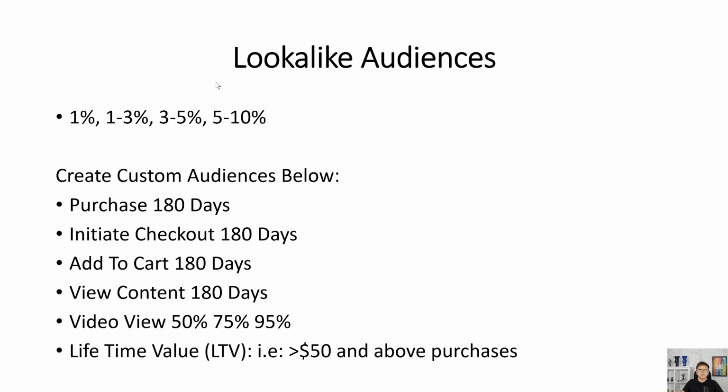Alright, so there are a lot of options, all the way up to 10% on Facebook. The way we like to create them is in 4 different segments: 0 to 1%, 1% to 3%, 3 to 5%, and 5 to 10%. Last time, we created 10 different segments: 0 to 1, 1 to 2, 2 to 3, 3 to 4, and all the way to 10%.